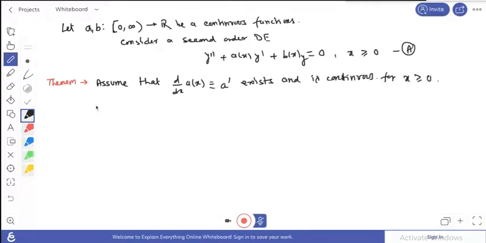So then our equation, suppose equation A, is oscillatory, okay. So this is a theorem.